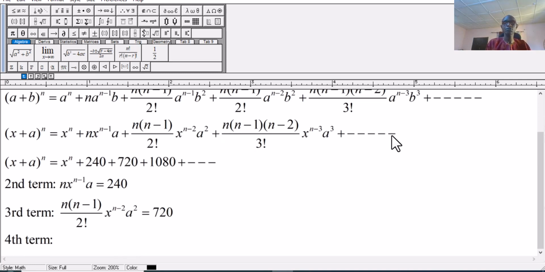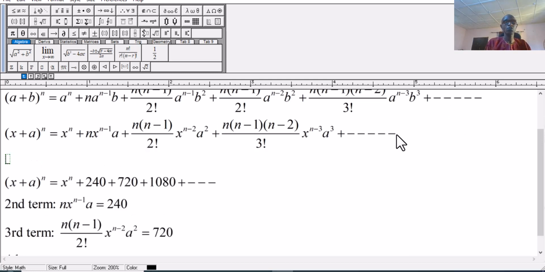for the sake of our example, I need to make it clear so that it will not be like, how did you get this? How did you get that?